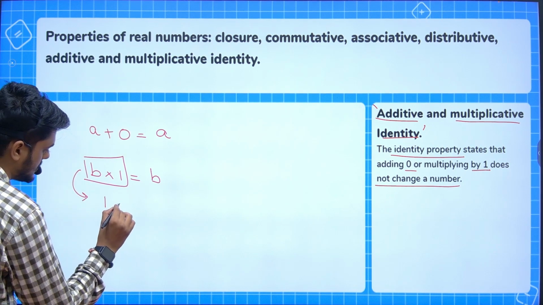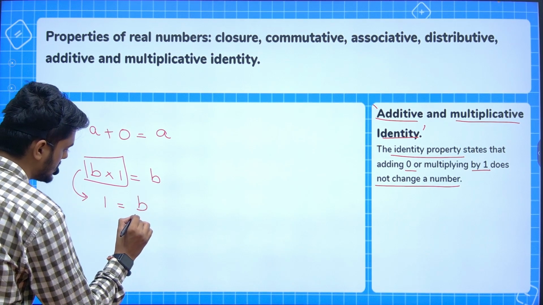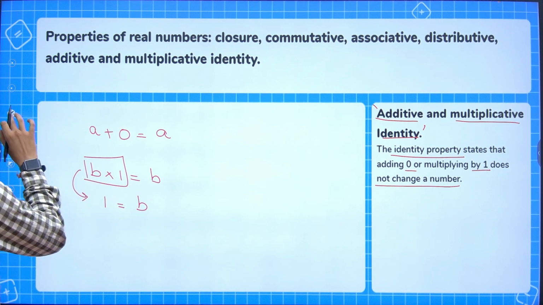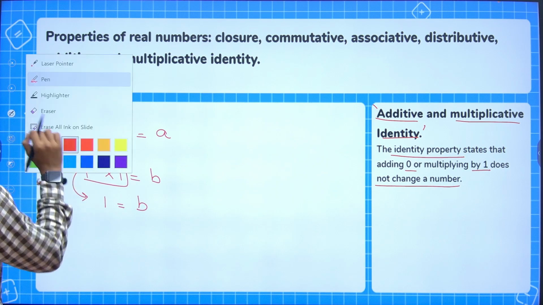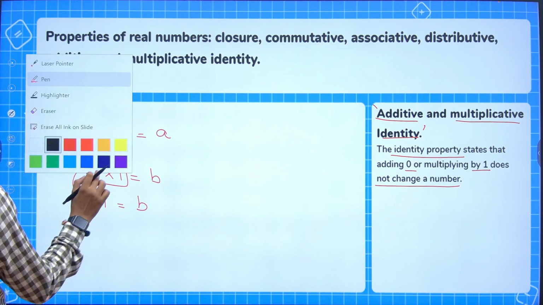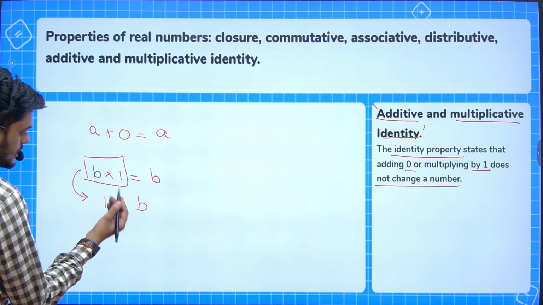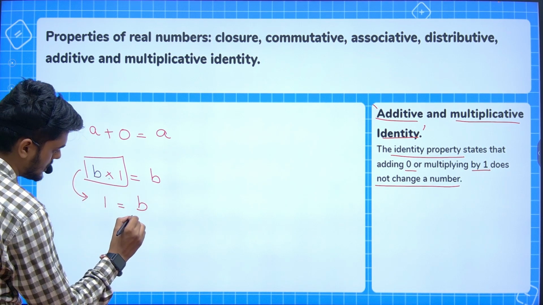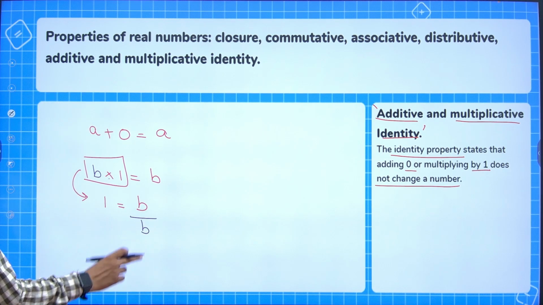If I put 1 over here, consider B over here, and if I need to move this B from the left hand side to the right hand side, I need to change this multiplication into division and write that quantity.